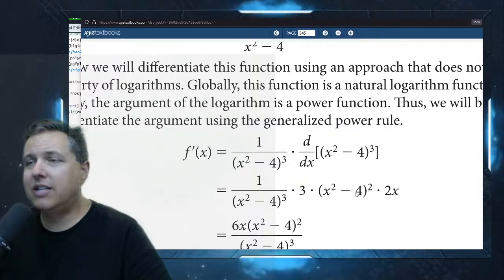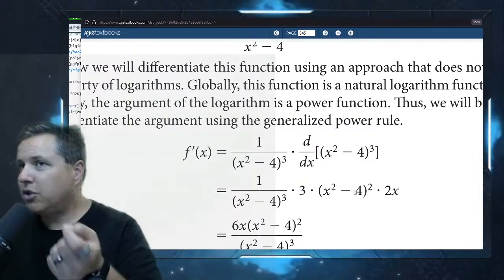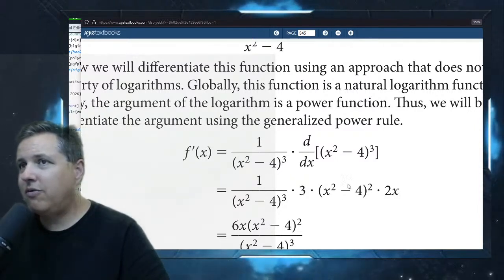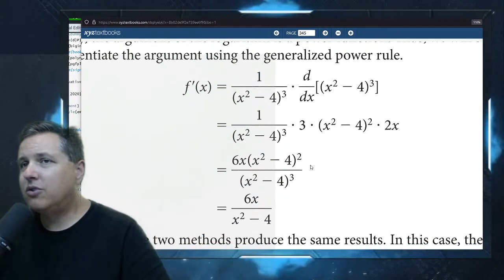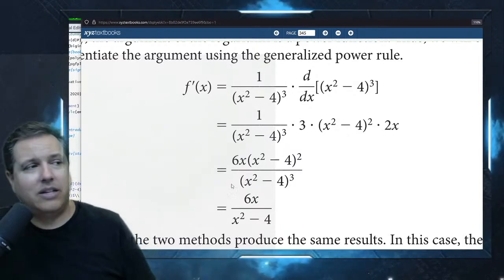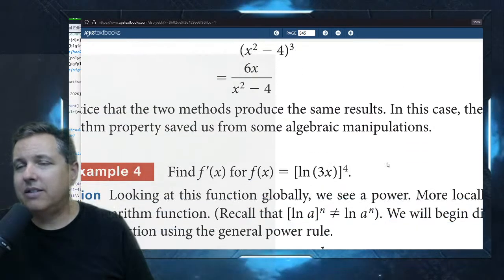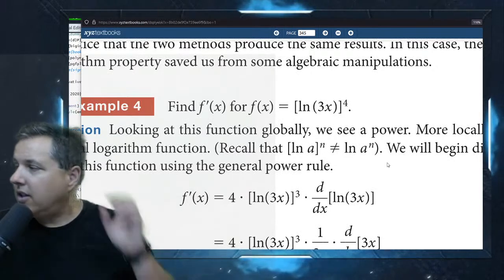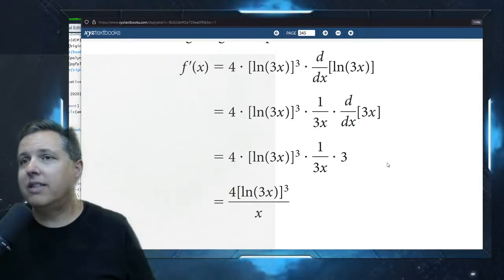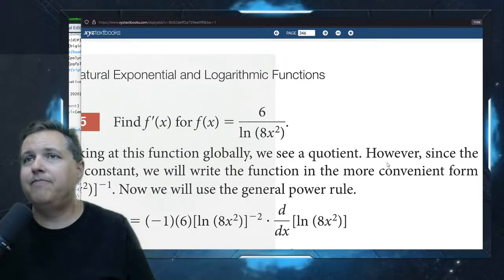The inner function stays the same, but then we multiply by the derivative of this inner function, and we get 2x. And then sort of rounding everything up, you get this, which then again simplifies to 6x over x squared minus 4. So either way that you take that derivative, you're going to get the same answer. Okay.